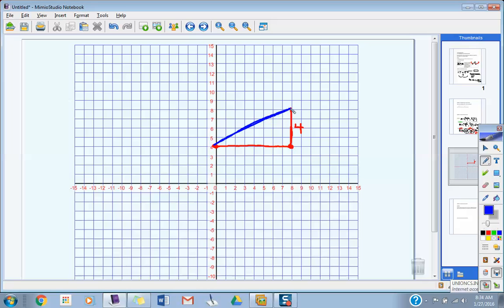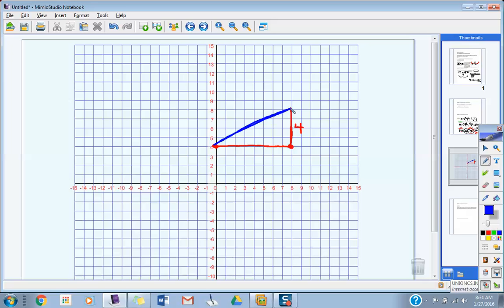Is that line segment vertical or horizontal? No. What is that, a segment in the plane? It is, isn't it? Can I just count the length on that, or do we probably have to do something different here? You're probably going to have to do something different. If I can't count either left to right or up and down how many units that is, then we're going to have some kind of a formula to figure that out.